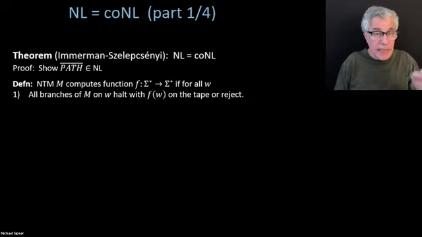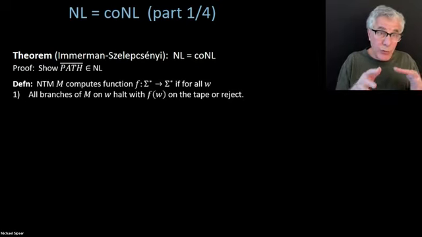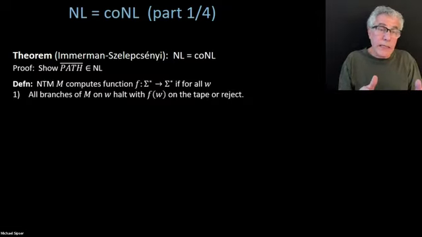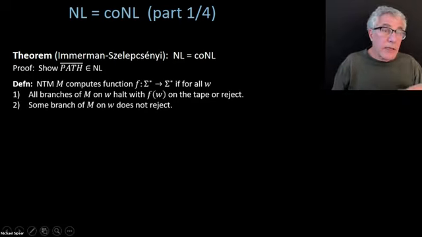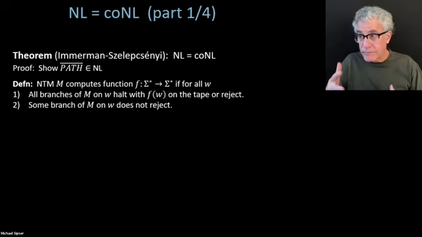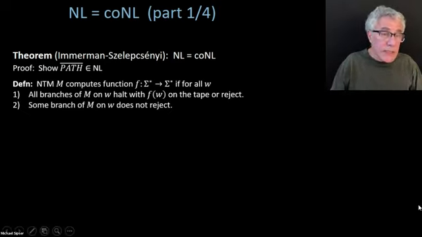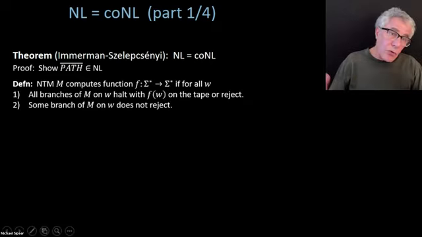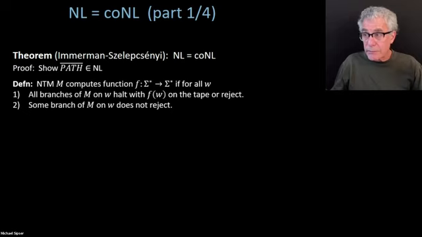Every branch that gives an answer has to give the right answer, since there's only one right answer. You also require that at least one of the branches actually gives an answer. So at least one branch gives the answer, and all the other branches can either give the answer or just reject.